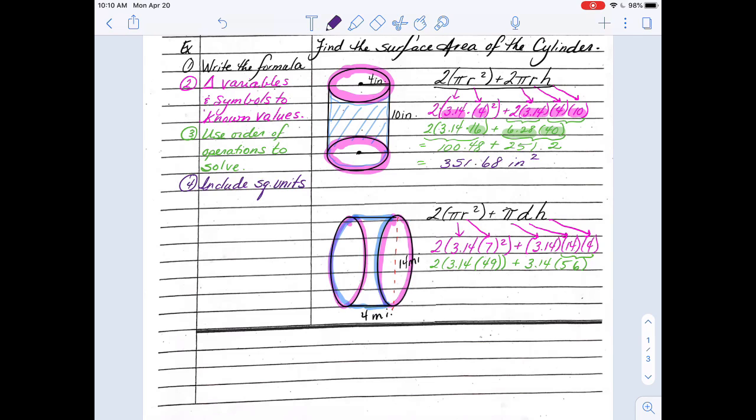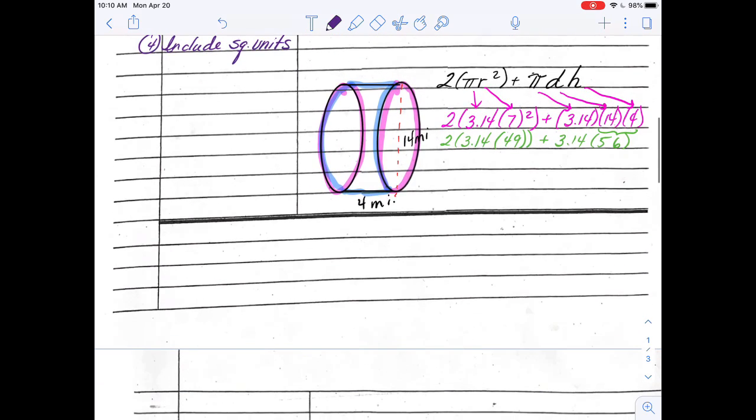And again, it doesn't matter which way that cylinder is facing. If I put it on its side, my formula stays exactly the same: 2 pi r squared, 2 times the area, plus pi times the diameter times the height.